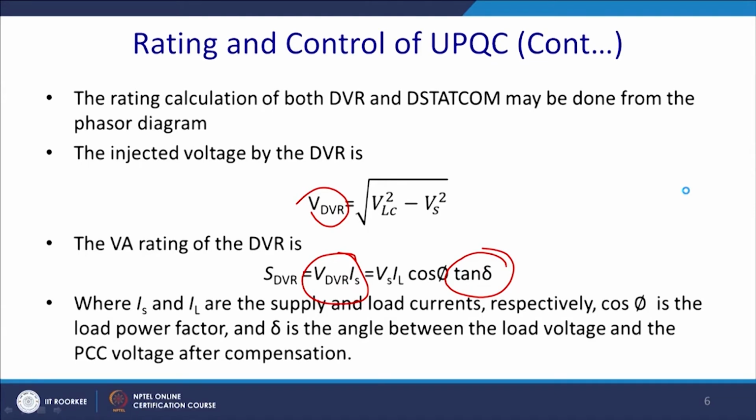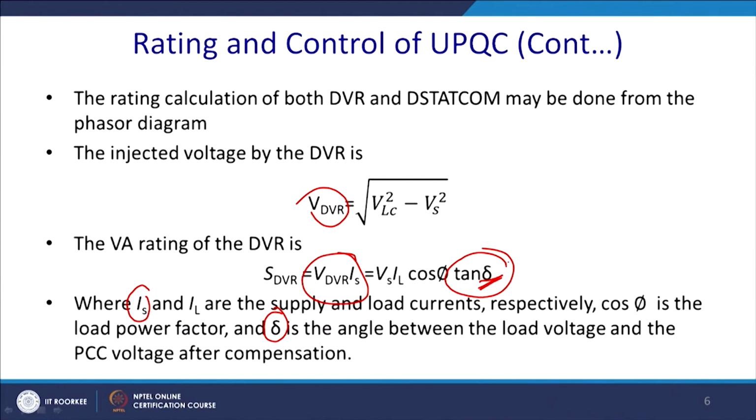Here IS and IL are the source current and the load current respectively, cos phi is the load power factor, and delta is the angle between the load voltage and the voltage after compensation. From there you can calculate what the rating of the DVR should be. The DVR rating will depend on tan delta, which is non-linear.